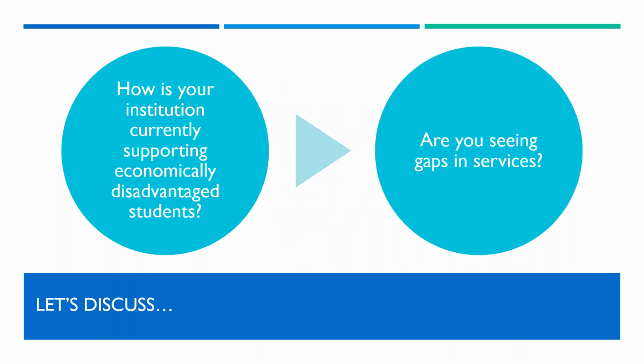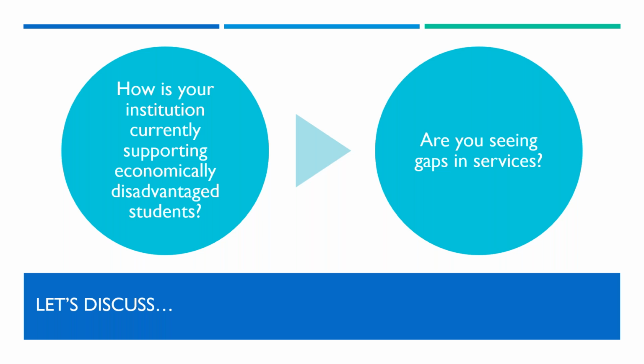Okay, and so now is the part that everybody loves, that participant involvement, but I want to hear from you guys. I want to know not only now, currently, but before the pandemic and once we get back to some sense of normality, how are you supporting economically disadvantaged students?